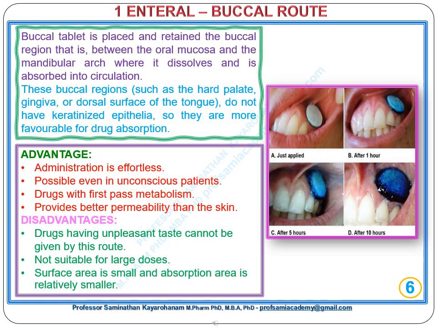Advantage: the administration is effortless, possible even in unconscious patients. Drugs with first-pass metabolism, provides better permeability than the skin. Disadvantages: drugs having unpleasant tastes cannot be given by this route. Not suitable for large doses. The surface area is small and the absorption area is relatively smaller.